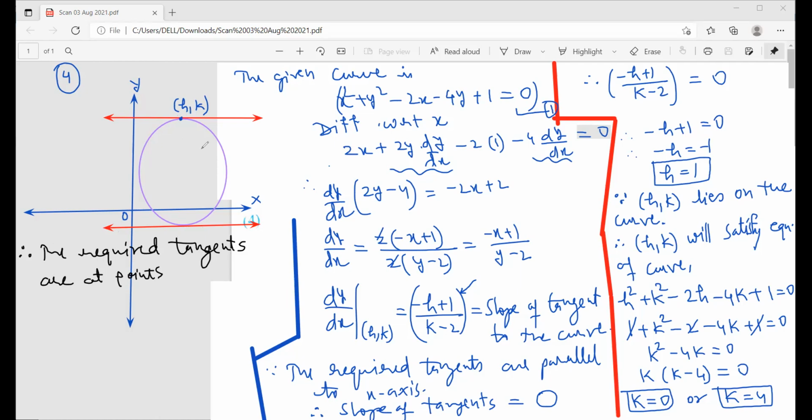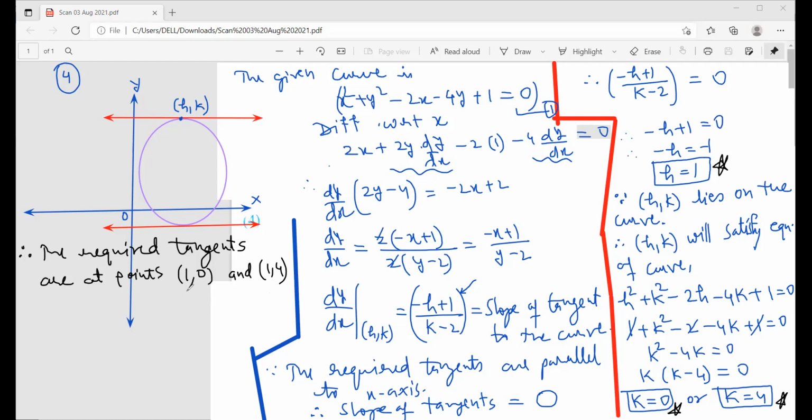See, h comma k. What is h? H is 1 and k you have 0 or 4. So the points are 1 comma 0 and 1 comma 4. See, h is 1, but for h equals 1 you have got two k values. So once you will take 1 comma 0 and the next is 1 comma 4.